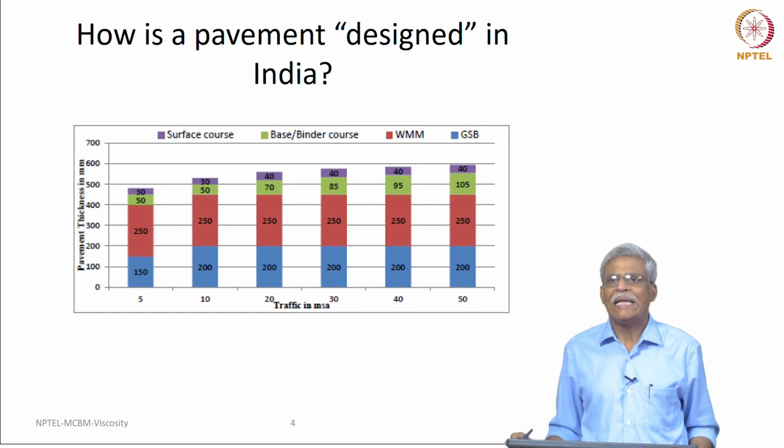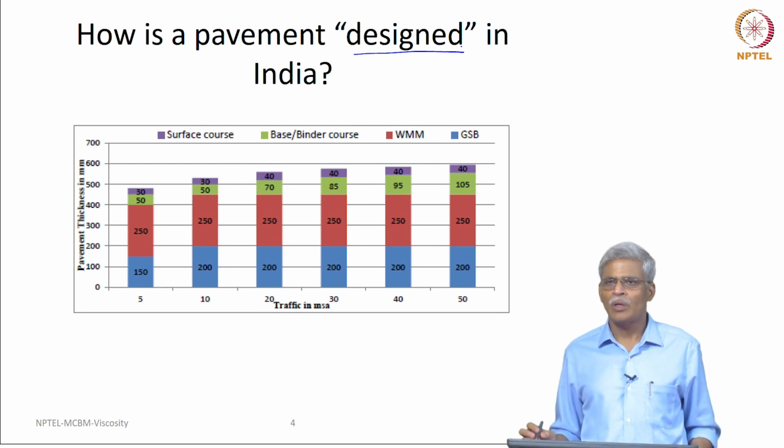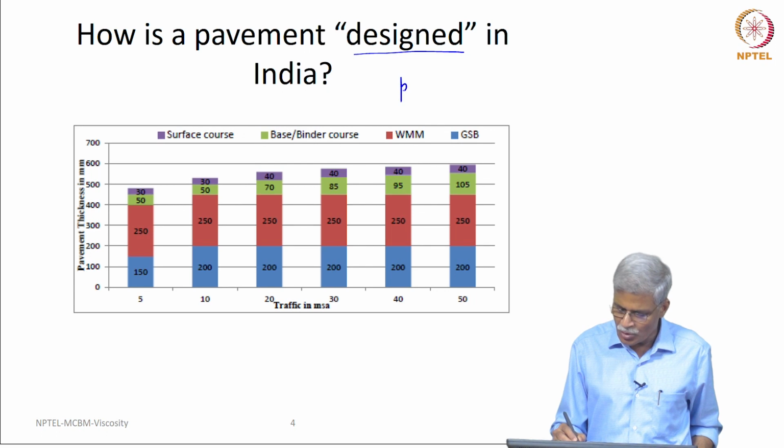Let us just quickly take a look at how a pavement is designed in India, and in fact I have a reason for putting this within quotes. Normally we do not really design a pavement. Most of the time what we do is what is really called proof checking.